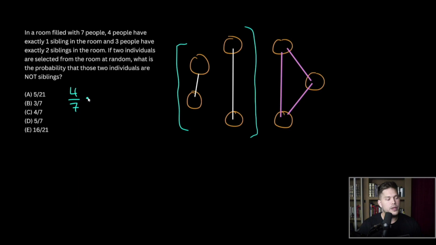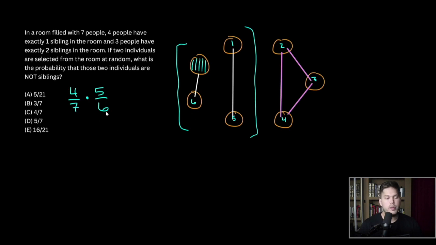Then what's the probability that the second person selected would not be a sibling? Well, that probability would be 5 out of 6. As if, let's say, this first person was selected, the probability that the second person is not their sibling is 1, 2, 3, 4, 5 out of the total of 6.